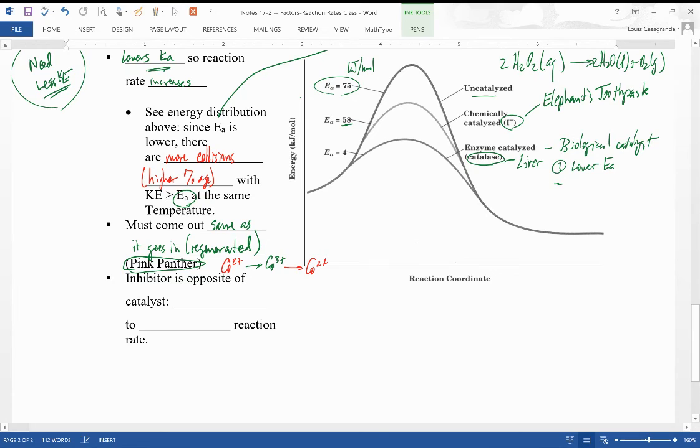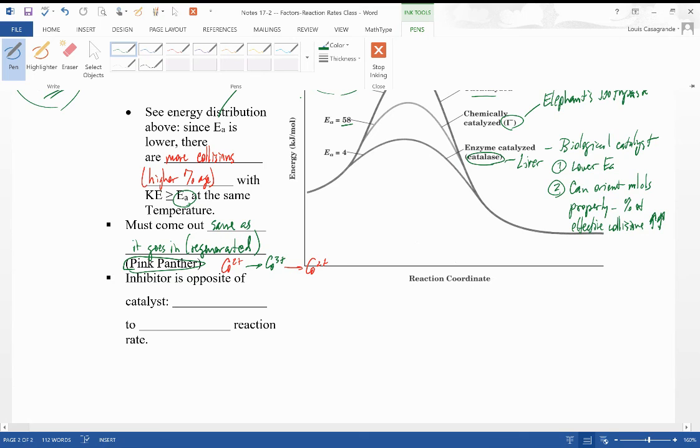But the second thing it can do, and this is why life works so beautifully, is it can orient the molecules properly. And by orienting the molecules properly, the percentage of effective collisions goes up even more. So it goes up because of the lower activation energy, and it goes up because of the increase in effective collisions.